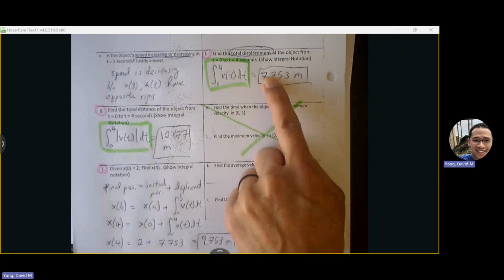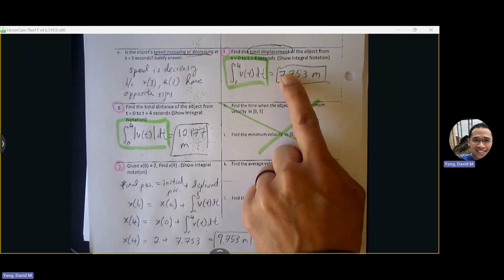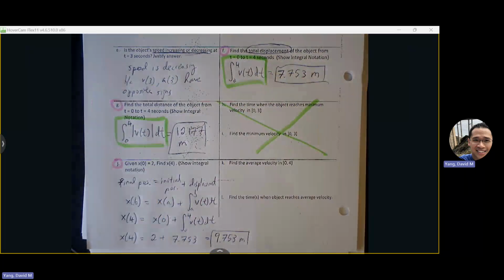If you can, put a star next to F, G, and J, and just see that distinction between the three of them. They all involve integrals, but they're all a little bit different from each other. So total displacement is just a definite integral, no absolute value. We're not adding anything to it. Total distance is just the integral with the absolute value. But then if I'm looking for a specific location, then it's going to be final equals initial plus displacement.